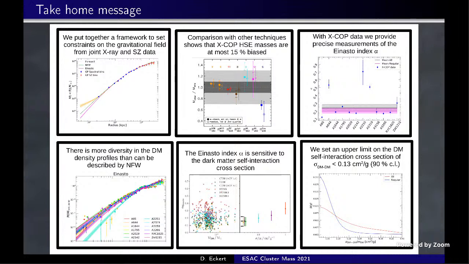Thank you. Very nice. You have clear conclusions, excluding or disfavoring self-interacting dark matter from the Einasto alpha parameter. Now about precisely the Einasto profile and the other profiles you display.